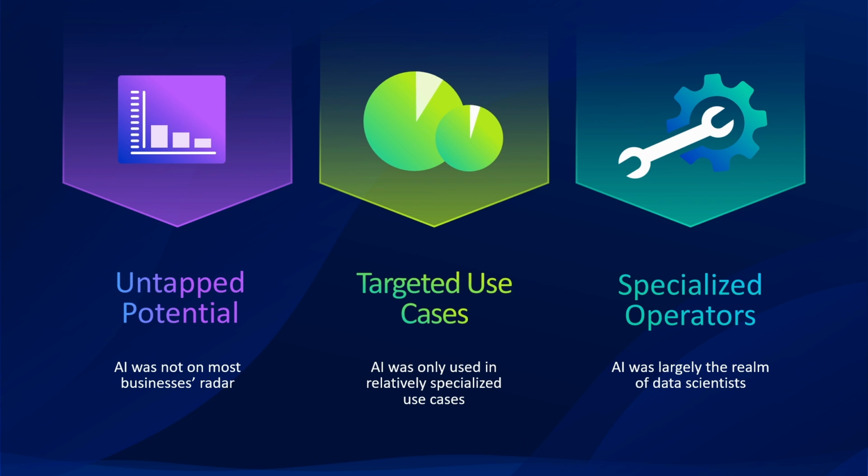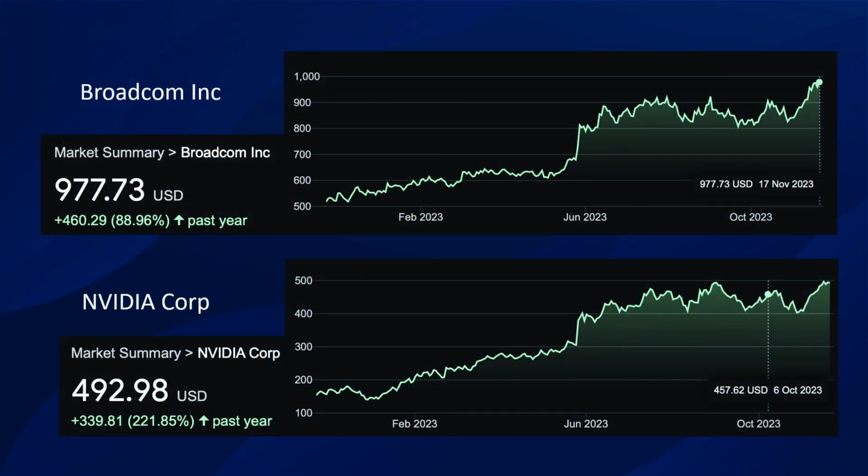And why do I say that, right? So on the screen, you see two graphs. These two graphs are for two companies that are central to artificial intelligence today. They provide the backbone of computing that AI uses. Broadcom, which by the way acquired VMware yesterday, as I told you, and NVIDIA.